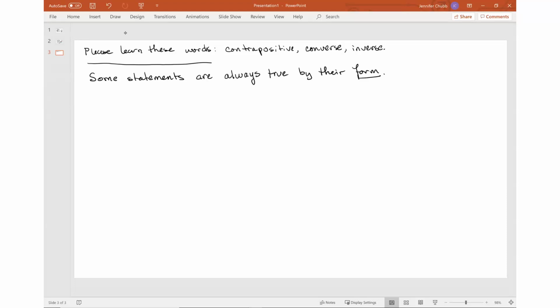That is, it doesn't matter what the actual propositions are that you plug in for those propositional variables, whether it's something about it raining outside or my shoes are red, or 0 equals 1 or 2 squared is 4. It doesn't matter what the propositional variables are when you plug them in. In all cases, the statement will evaluate to true. And the simplest example of that, I think, is this one.